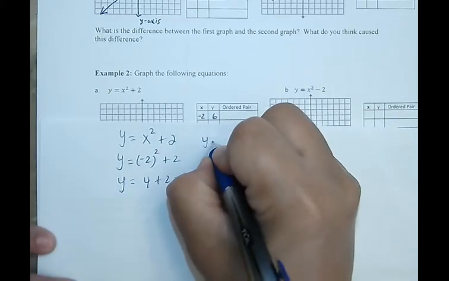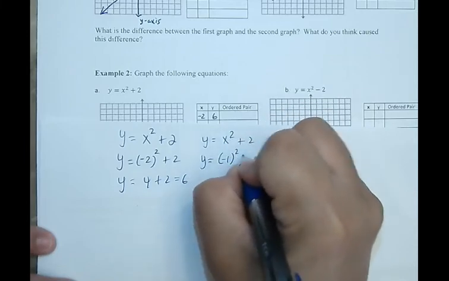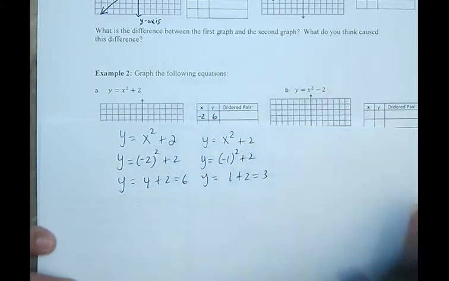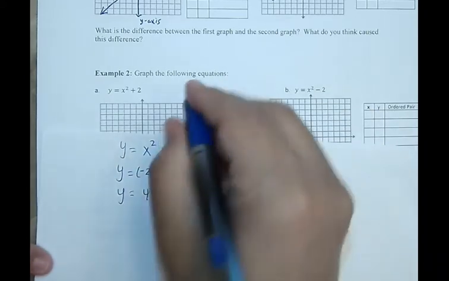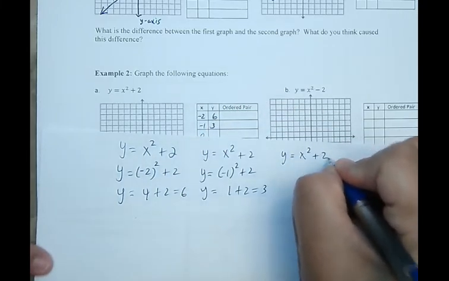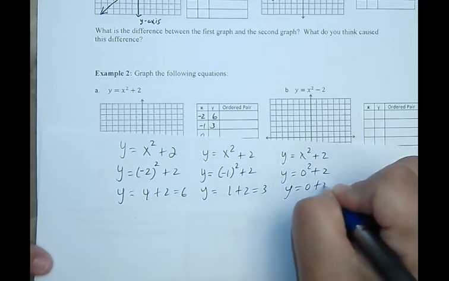And let's plug in -1. -1 squared is 1, plus 2 is going to give me 3. And let's plug in 0. 0 squared is 0, so 0 plus 2 is 2.